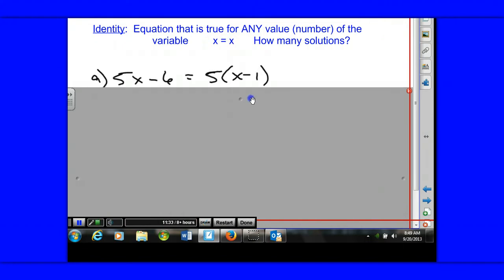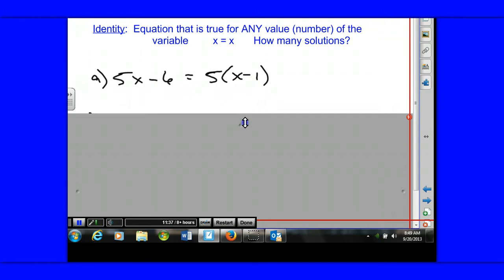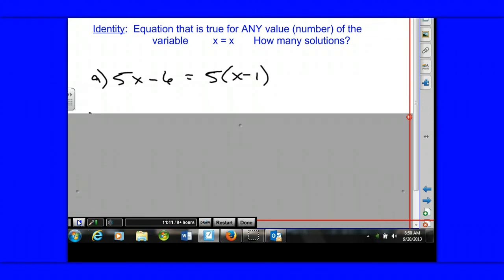All right, so how does this appear in our equations? So is this an identity? Well, to determine whether we have the same expression on both sides of the equal sign, we could distribute, right? So we end up with 5x minus 5 equals 5x minus 6.